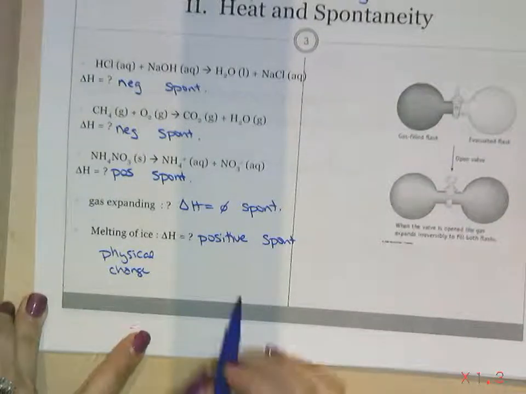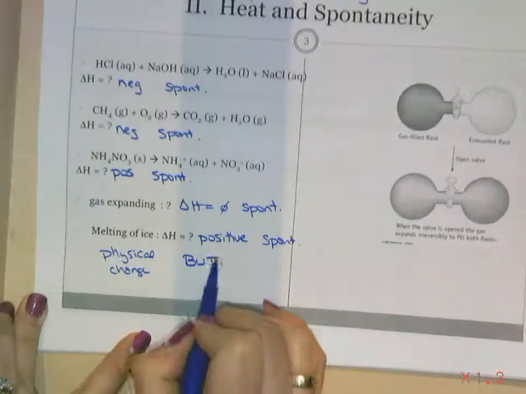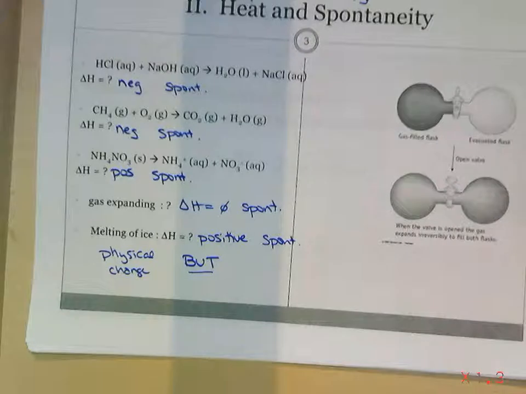But is it spontaneous at all temperatures? No, right? If I imagine we went to Antarctica with my blow dryer and I was working on a glacier, while I'm adding heat to the system, is it melting? Not really, because it's so cold that the amount of heat I'm adding is not causing it to melt.